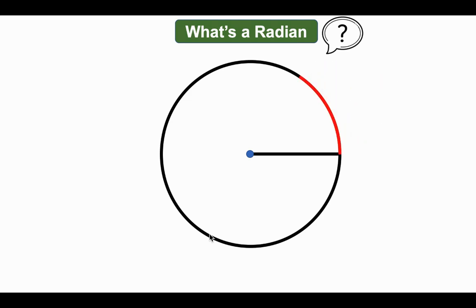It's that length, but it's a curve instead of a straight line. Your radius gets laid across the outside of the circle, and as you open up your angle, the length it has to travel, that arc length, is called a radian, because it's very closely related to a radius.